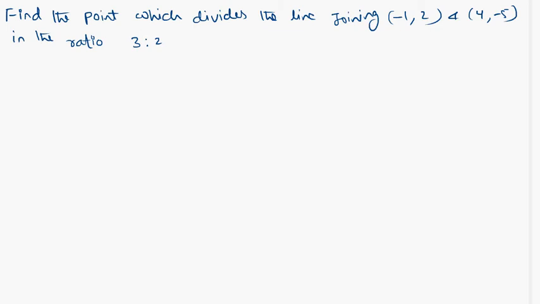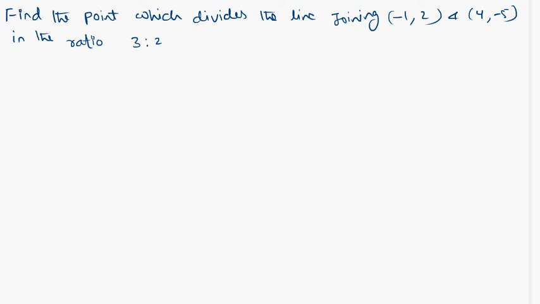Now let us take an example and use the formula we discussed to find the coordinates of the point which divides the line segment joining -1, 2 and 4, -5 in the ratio of 3:2.